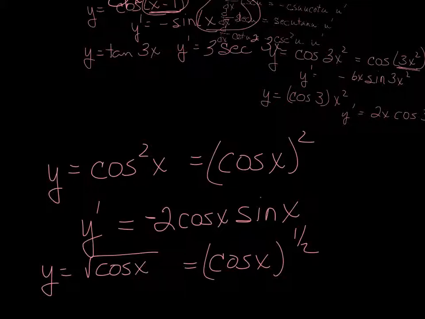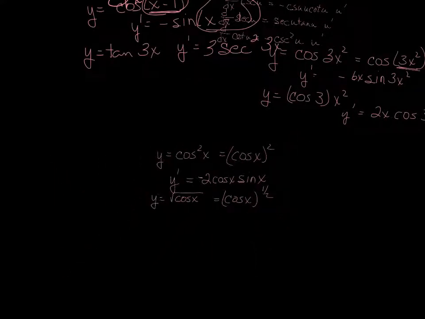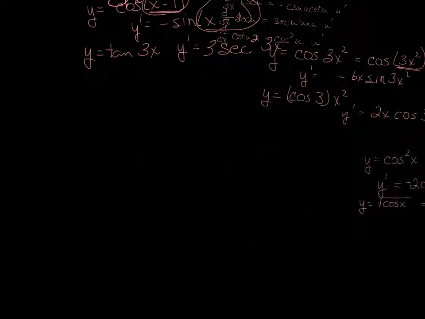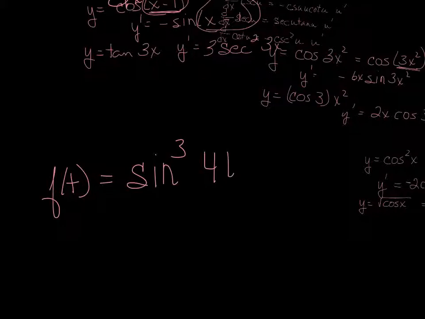Now, there may be times when you've got multiple applications of the chain rule. All right. First thing I want to do here before I take the derivative is just rewrite it like this. Now I can see what's the inner function and what's the outer function, right?